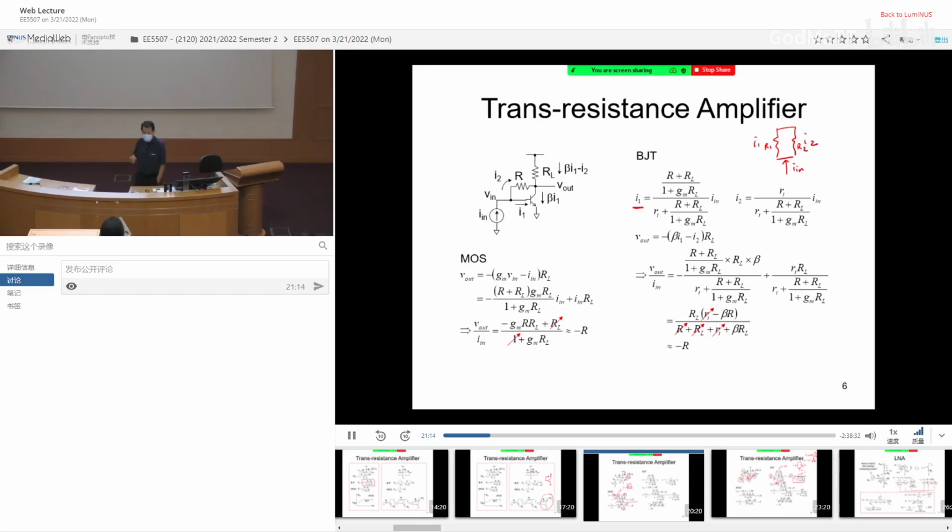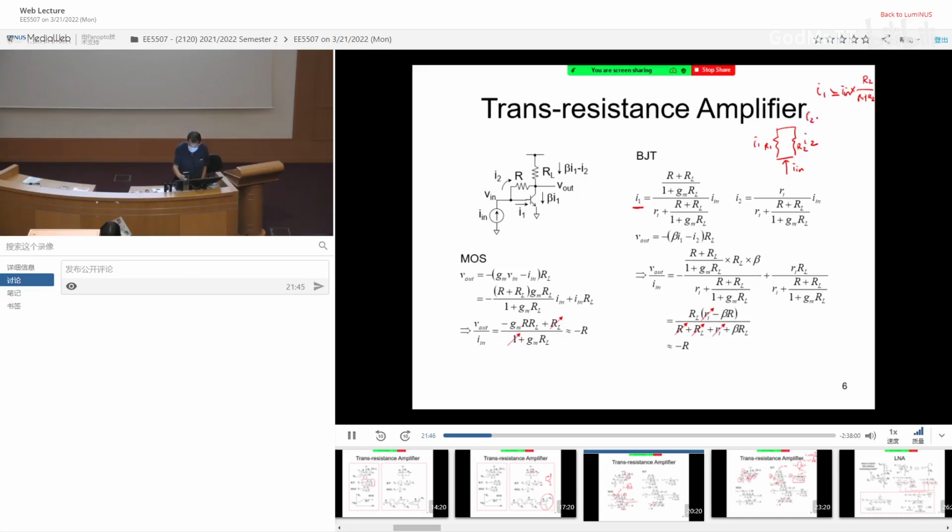Now if you have learned your circuit theory 101, you know how to obtain the current. I1 is simply equal to Iin multiplied by R2 over the total resistor R1 plus R2. For the numerator, if you want I1, you write down the resistor of the opposite branch.